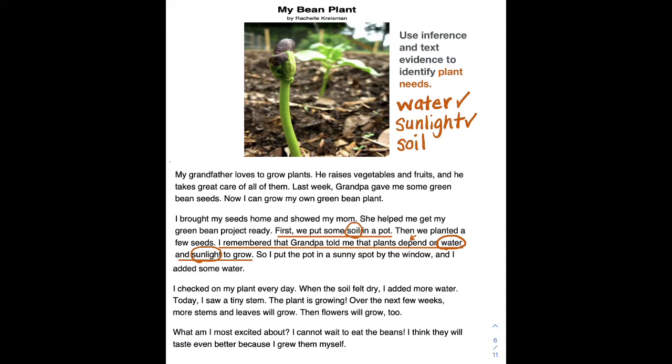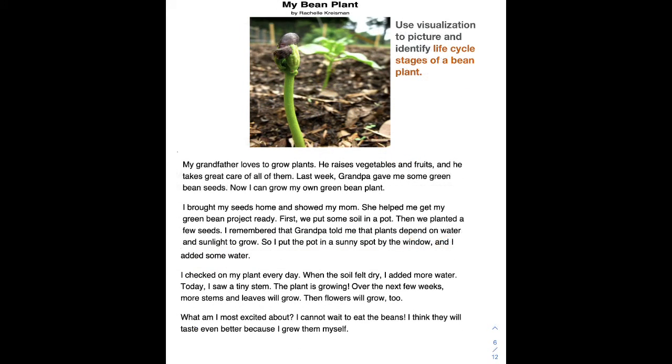And we can infer here that soil is needed to grow. We can also look at our picture of the seedling. Do you see the soil that it's in? So we can also use our picture to infer there as well. So we have just backed up all three of those needs by using inference and text evidence.